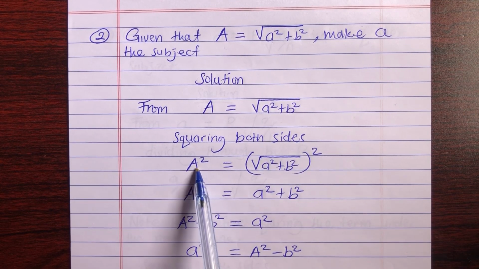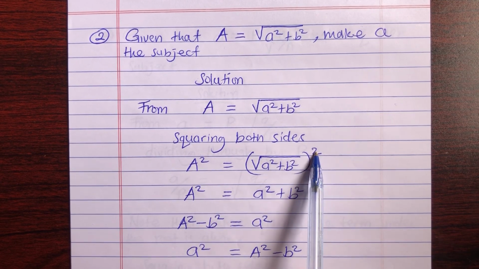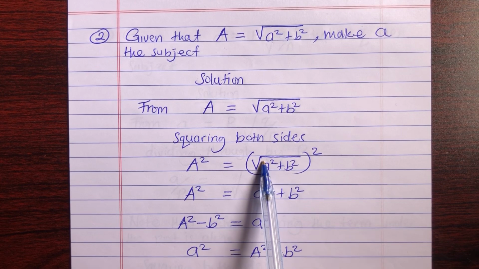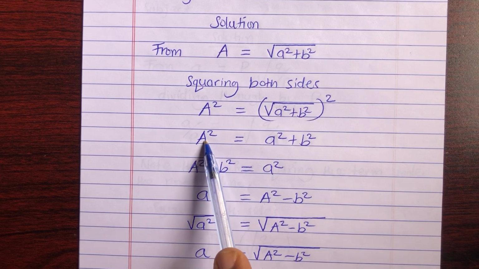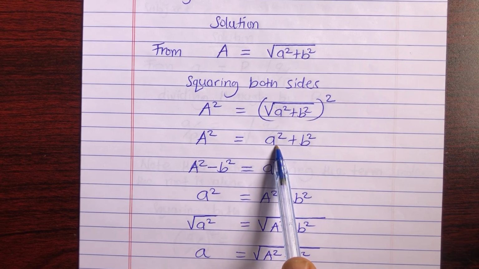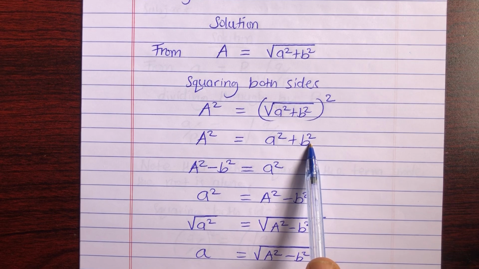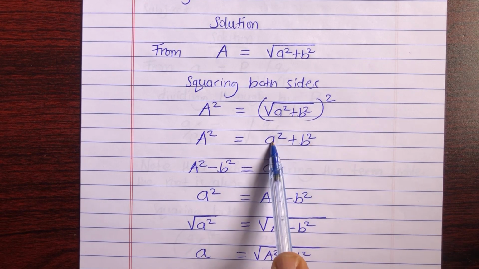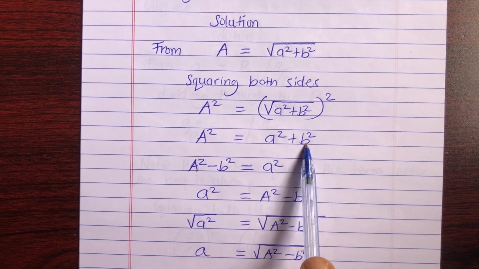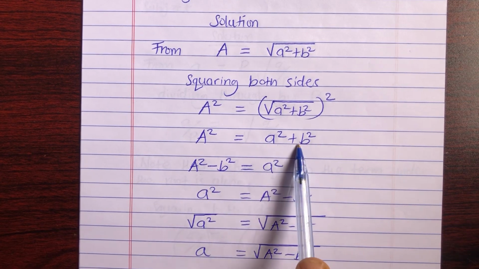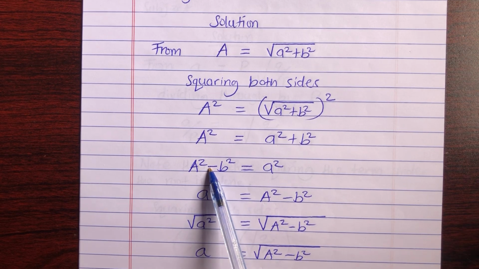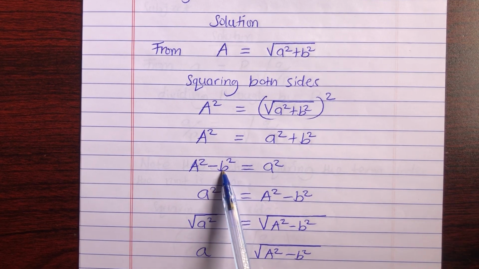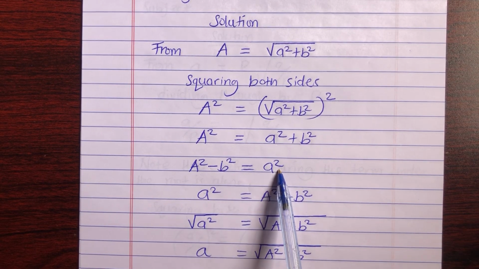So when we square A, we come up with A squared. On this side, the square will cancel with the square root, so that we end up with A squared equaling a squared plus B squared. And since our major interest is to make small a the subject, we take this the other side. It is positive, so on crossing the equal sign, it becomes negative, hence getting A squared minus B squared equaling a squared.